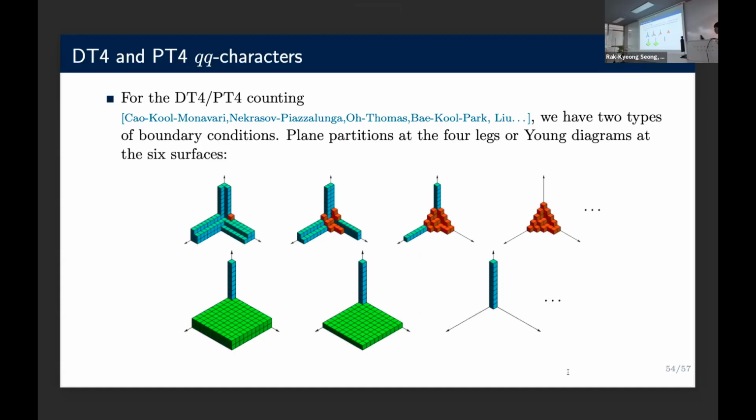And you'd also like to ask what will happen for the Calabi-Yau four-fold case, DT4 and PT4 counting. The new part of all this DT4 and PT4 is that you have two types of boundary conditions. In the usual threefold case, you have Young diagrams in the legs.